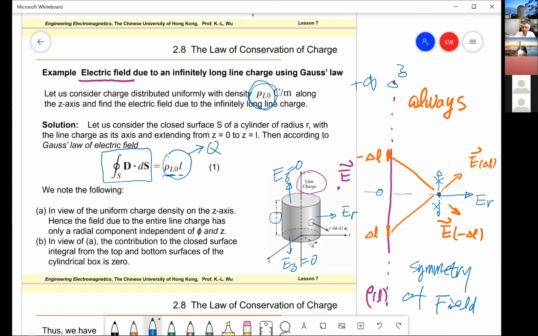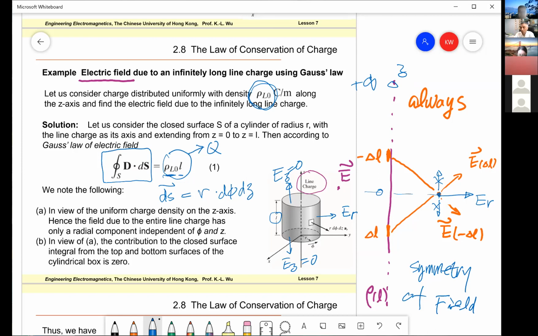When we deal with this ds in the cylindrical coordinate system, what is that equal to? It's the radius times d phi, which is the length of the arc, then times dz, the height of the differential area.